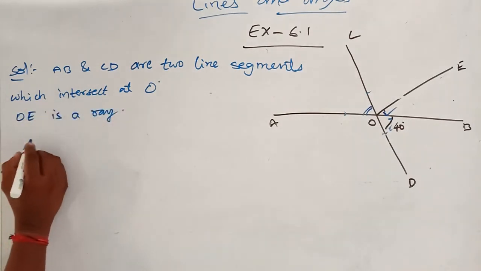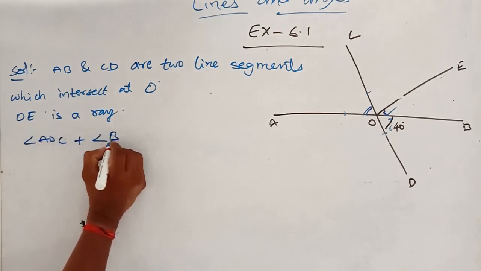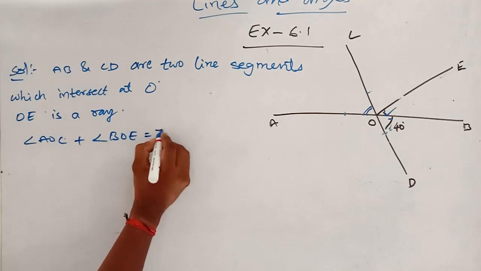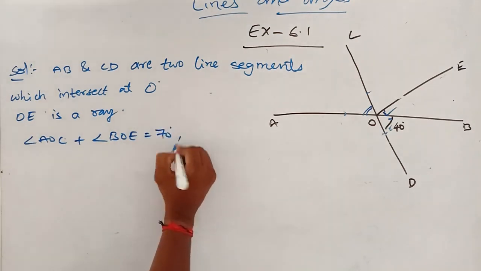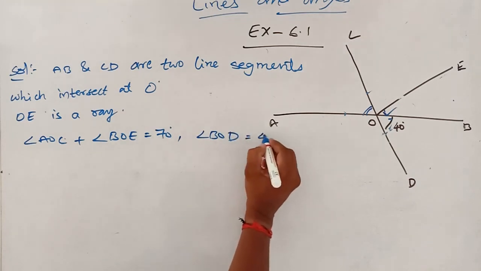And one more is given: angle AOC plus angle BOE is equal to 70 degrees and angle BOD is equal to 40 degrees.